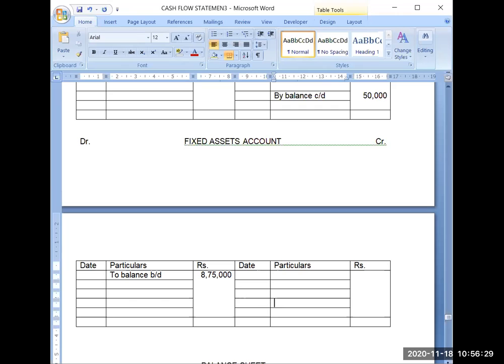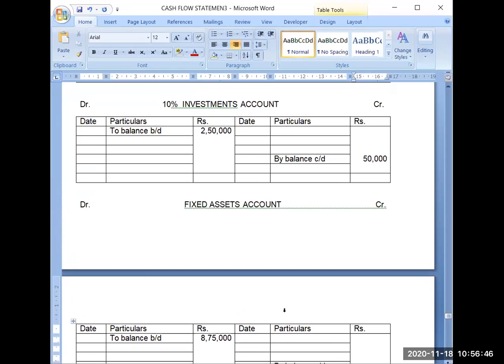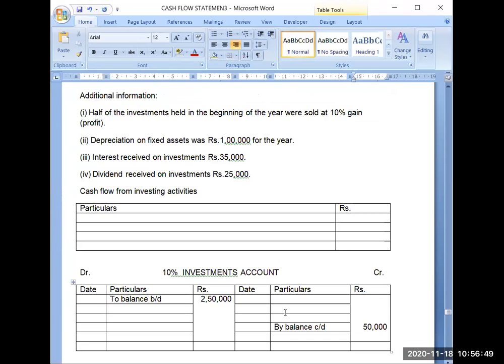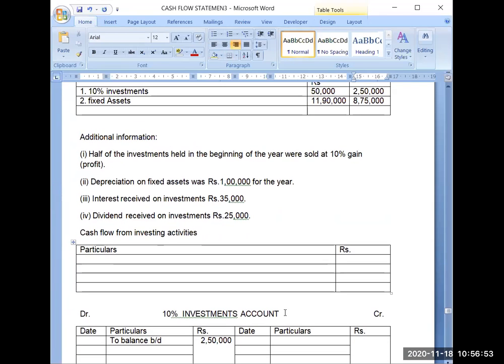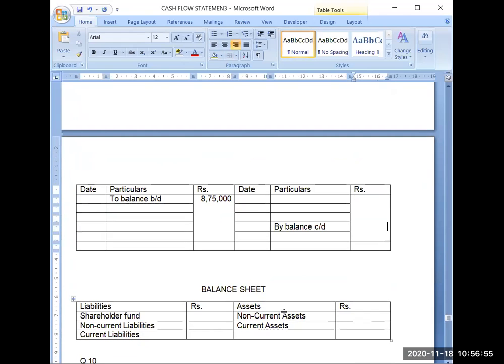By balance carried down, closing balance is 11,90,000.